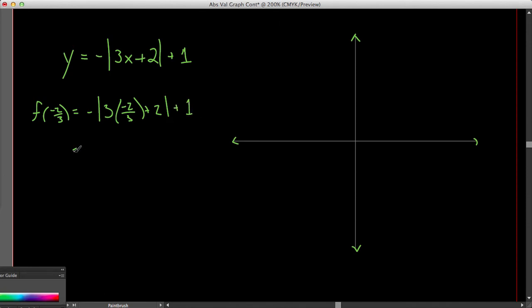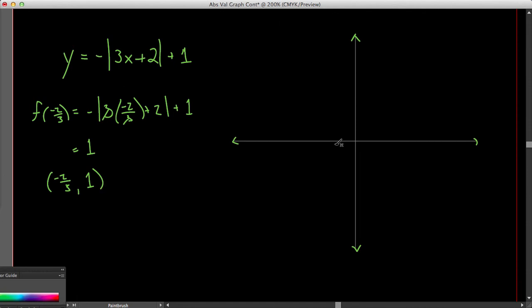Okay, so this 3 cancels with this 3, and we're left with -2 plus 2, which is 0. Absolute value of 0 is 0, -0 is 0, plus 1. So we're just left with 1. So our vertex is going to be at the point -2/3, comma 1.